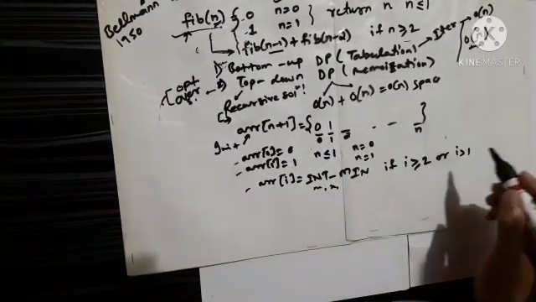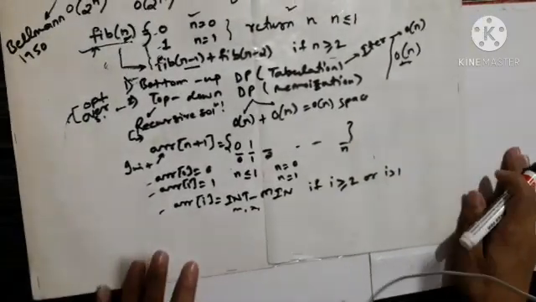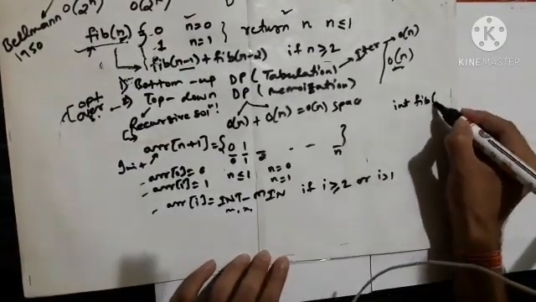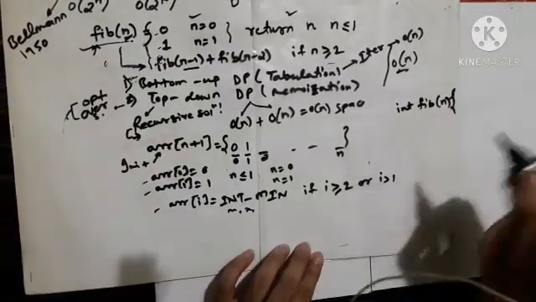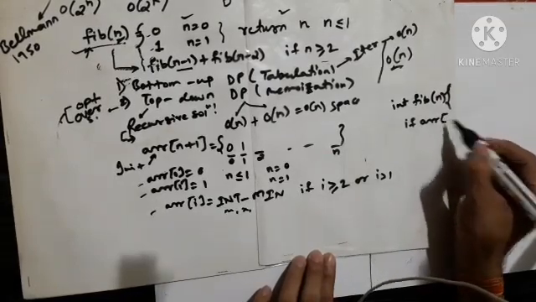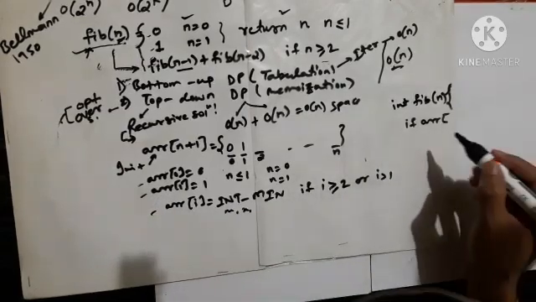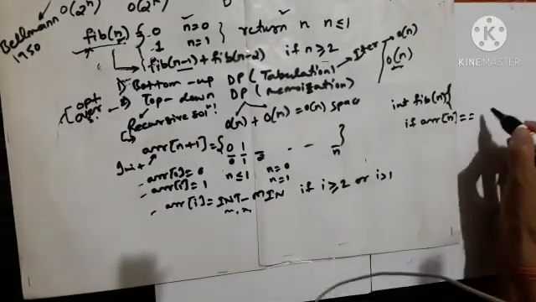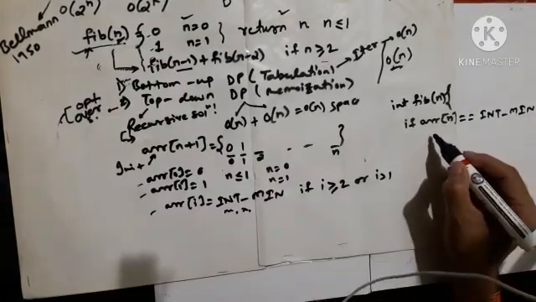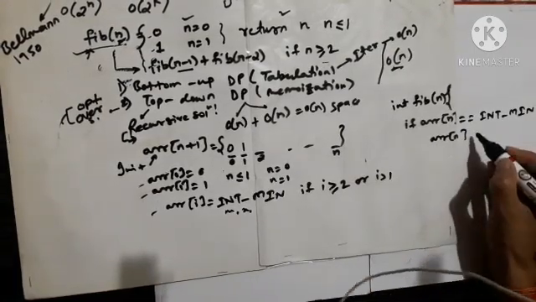Okay, now I'm writing here the complete function. So int fib, because it will return int fib of n. In this function, first I will check if array of n, basically this array, is equal to int min, then I have to simply calculate array of n.